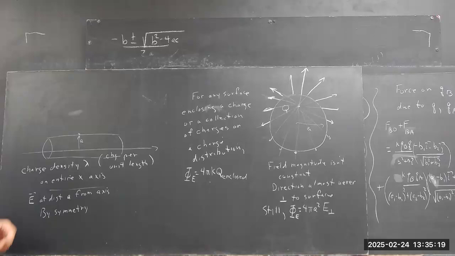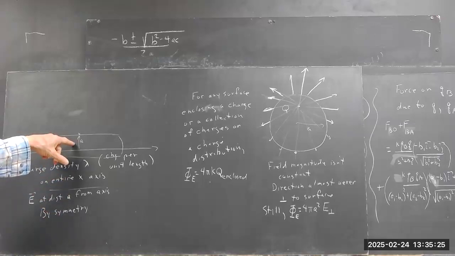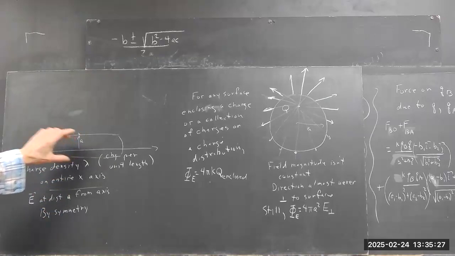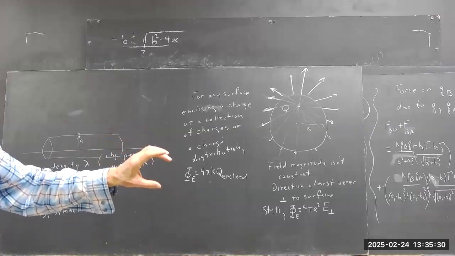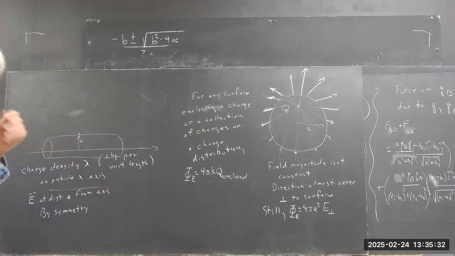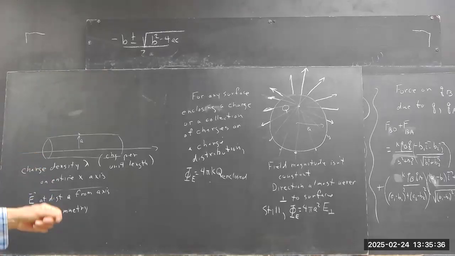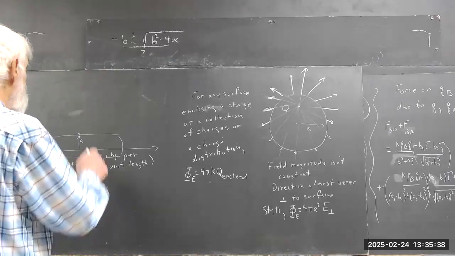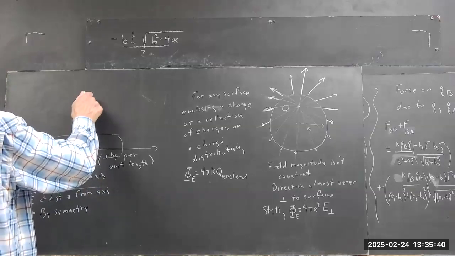By symmetry, every point of the cylinder is at distance A. We're just talking about the sides of the cylinder now, not the ends. Every point of the sides of the cylinder is at distance A. And the field has to be radial. Here's the end view.